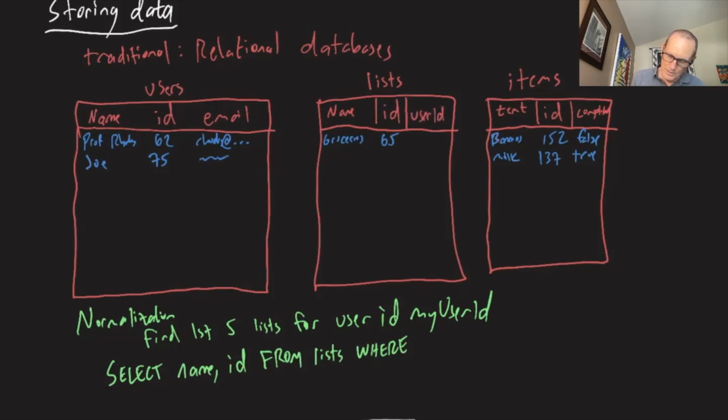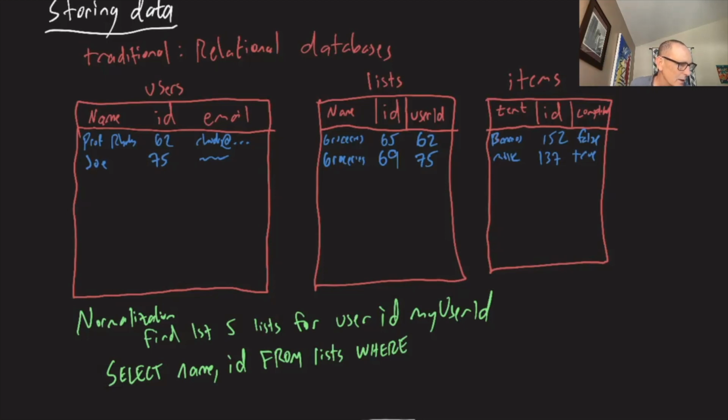So this particular user ID for the groceries list might be 62, and then there'd be others for Joe. In fact, let's give Joe a groceries list. He has a groceries list for his user ID, and he could have multiple lists, and I could have multiple lists as well.